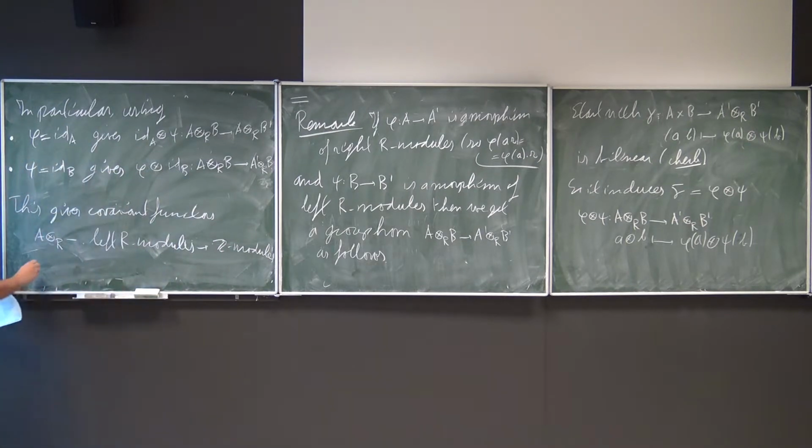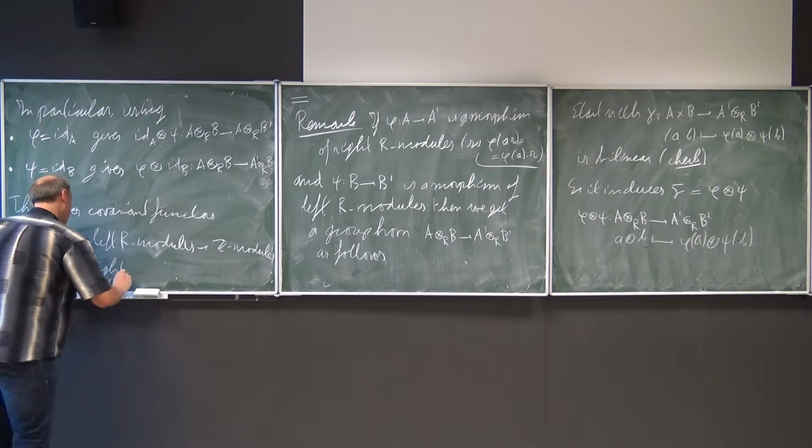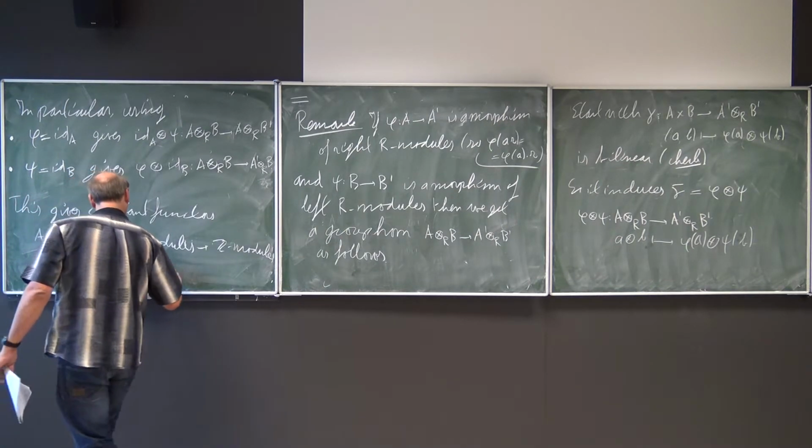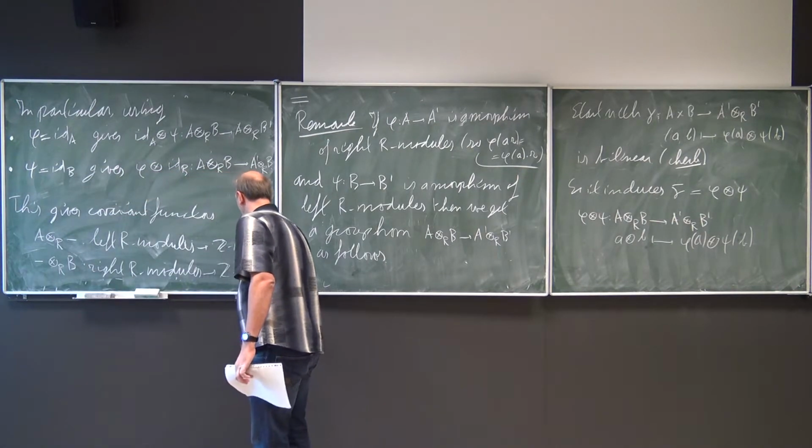And similarly, if I fix my B and then let the A run, so now I have to plug in the right R module, and again I end up with the Z module.